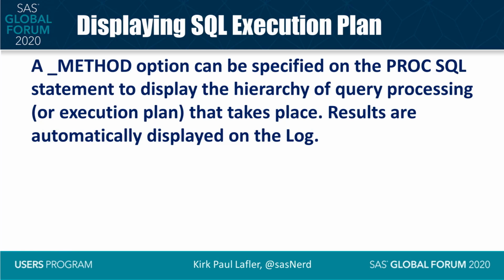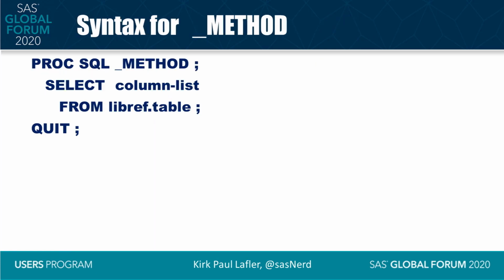The results will be automatically displayed on the log. For example, by specifying _METHOD on the PROC SQL statement, we can specify our query, our select query in this case, and then we can examine how it performed by looking at the log.